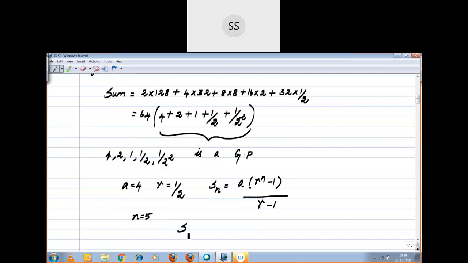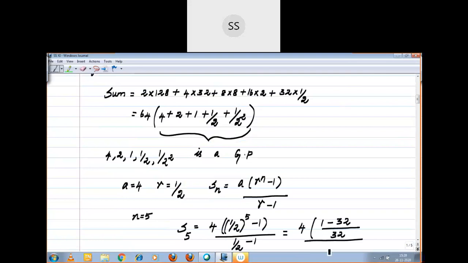Now, S5 equal to A, which is 4, into 1 by 2 the whole power 5 minus 1, divided by 1 by 2 minus 1, which is equal to 4 into 1 minus 32 divided by 32, the whole thing divided by minus 1 by 2. Got it, children? 2 power 5 is nothing but 32.